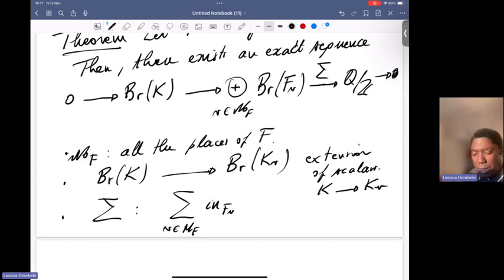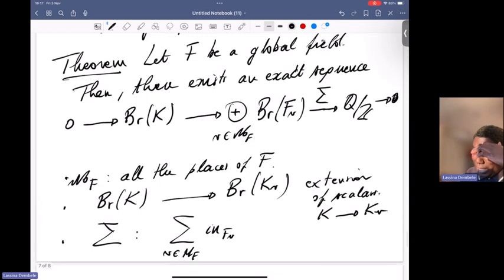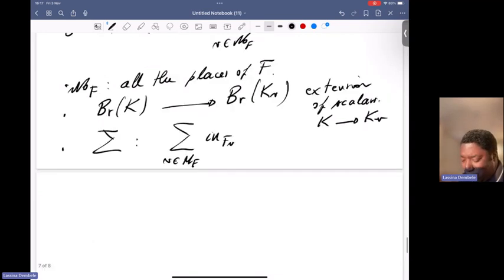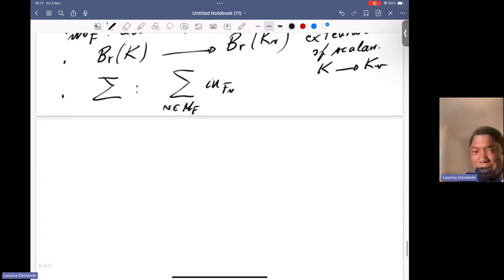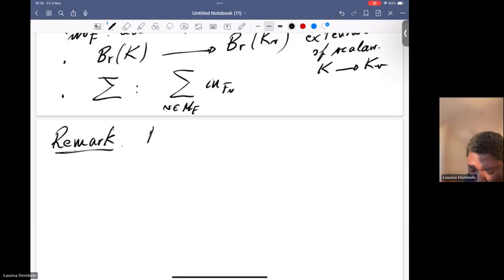Okay. So this is really a very important theorem because, as I said, you can use it to get a classification of central simple division algebras, right? So the theorem is saying the following.